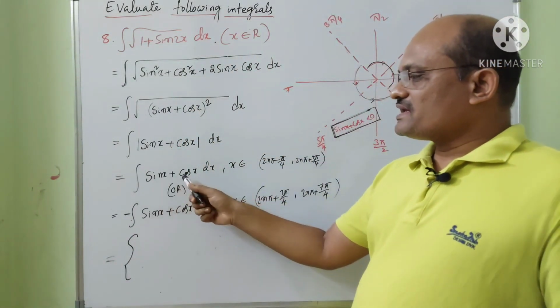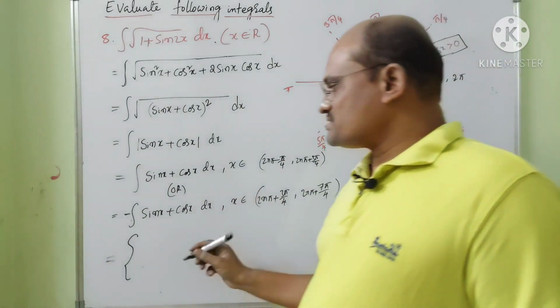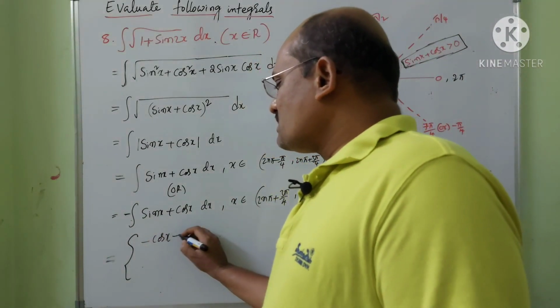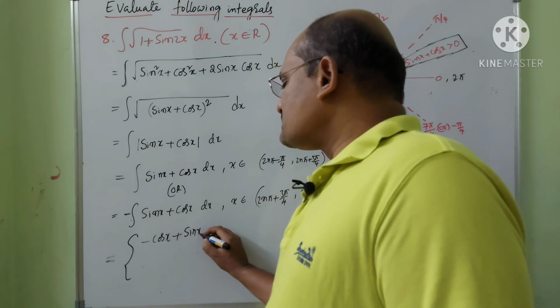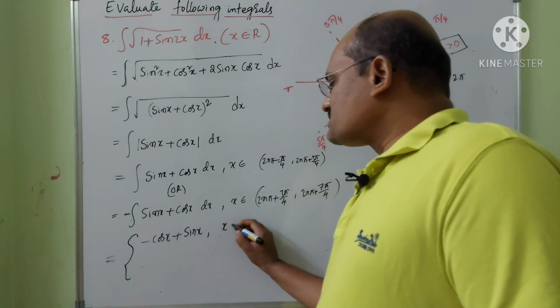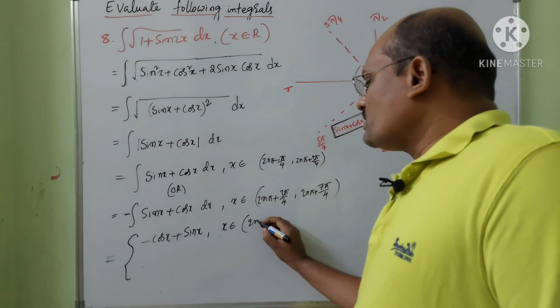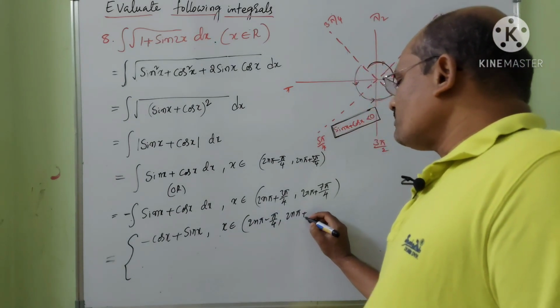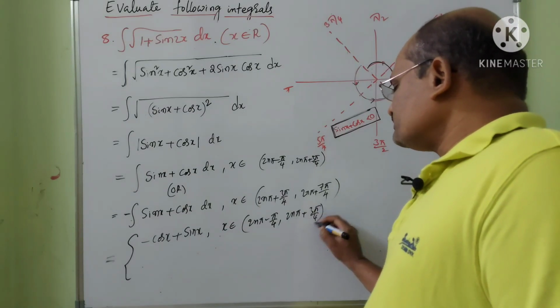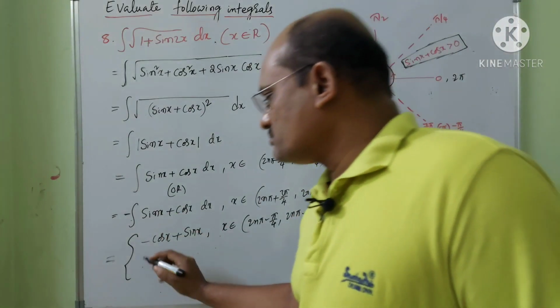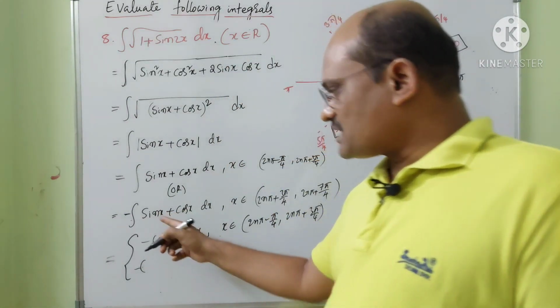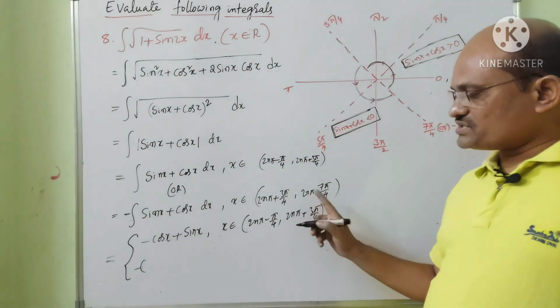Now first one, sin x plus cos x dx integration. Sin x integration is minus cos x, plus cos x integration is sin x. This is for 2n pi minus pi by 4 comma 2n pi plus 3 pi by 4. Now minus of, integrate, second case for this second portion.